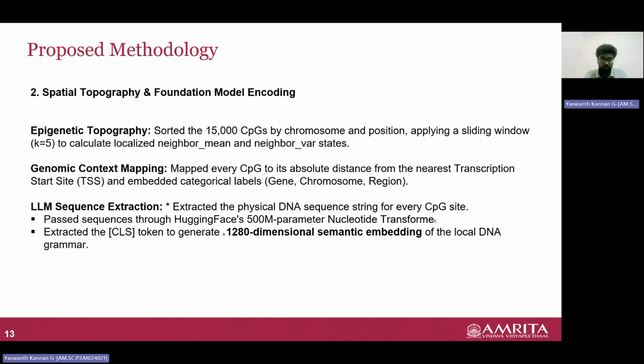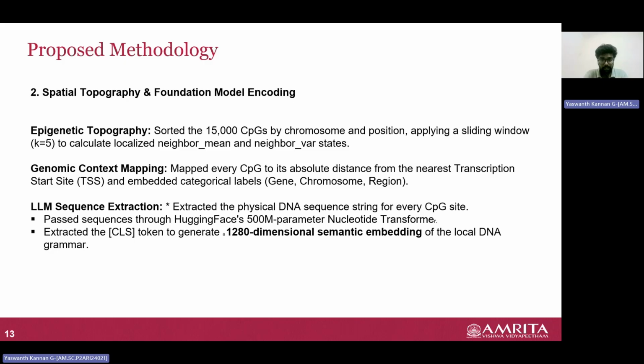The most important step is incorporating the DNA sequence context. For each CpG site, we extract the surrounding DNA sequence, made of A, T, G, and C, and pass it through a pre-trained model called the Nucleotide Transformer. This is a pre-trained transformer which has been trained on a wide number of human genomes, so it has information about human DNA.